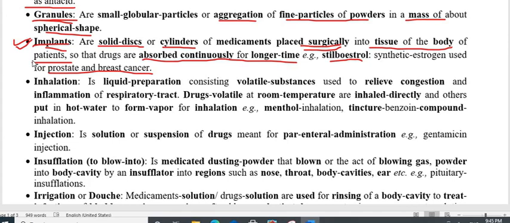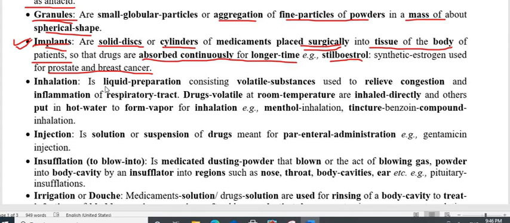Now we have to go through inhalation. The meaning is very simple. When we take anything inside the lungs by taking air in, through the respiratory passages up to the lungs, it is called inhalation.